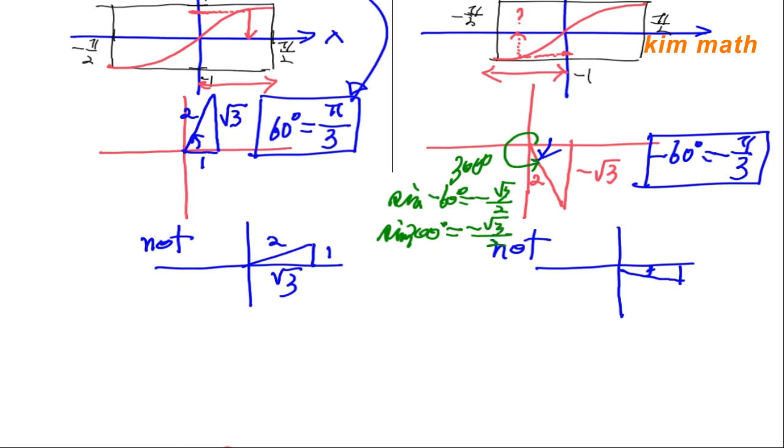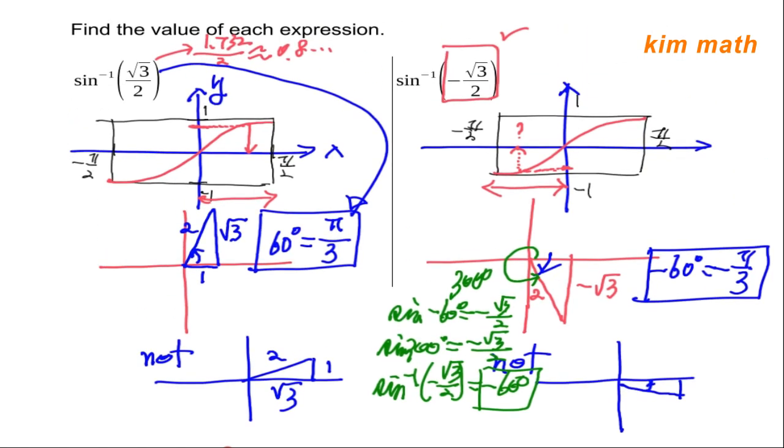But if I ask you what is the arcsine of negative square root of 3 over 2, then the answer must be this one. Okay? Please note that this is negative 90, this is 0, this is positive 90 degrees. So your answer in arcsine must always be a number greater than negative 90 and less than positive 90.